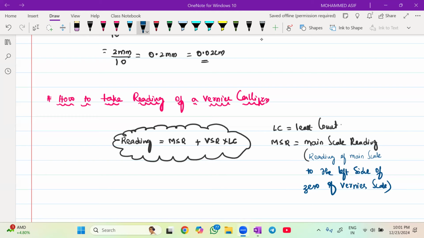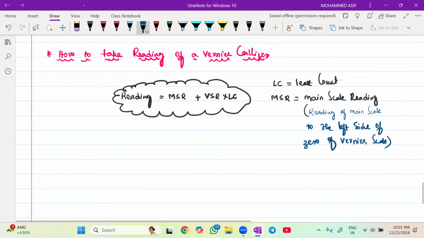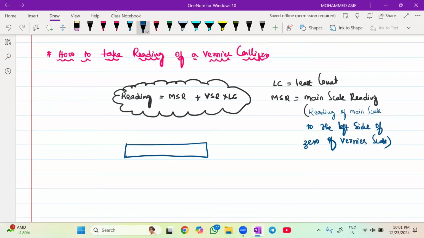What do you mean by MSR? MSR is nothing but main scale reading. And how do you read that one? Reading on the main scale to the left of the 0 of Vernier scale. What does that mean? I'll roughly explain here. This is your main scale, and here there is a reading of 5, and down there is a Vernier scale.